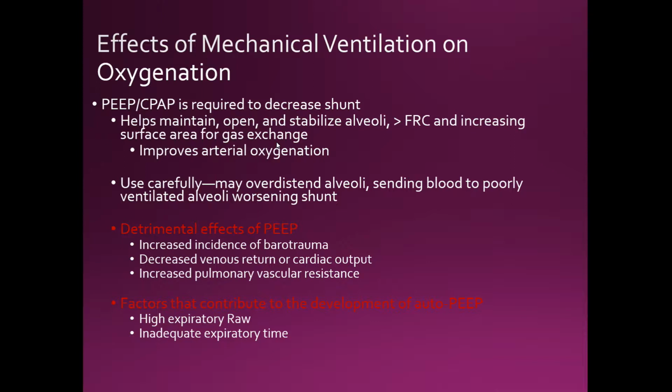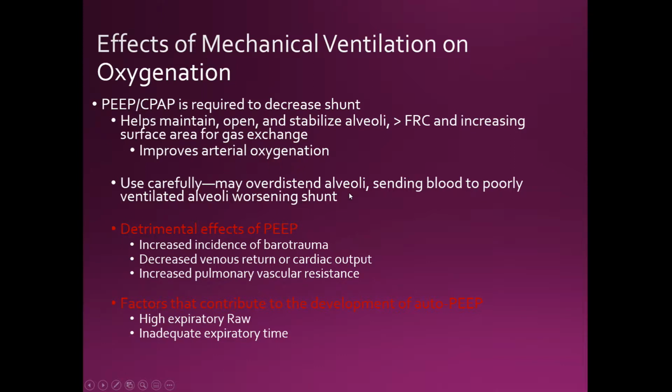So when you have PEEP going in, that can open up all the airways to the point where you might get 100% oxygenation. Okay, and that would increase your surface area, because now you've gone from 50% to 100% of gas exchange going. And it also improves your arterial oxygenation. Again, PEEP is used for fixing oxygenation.